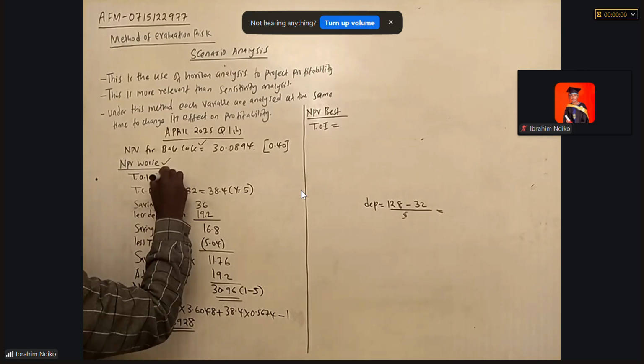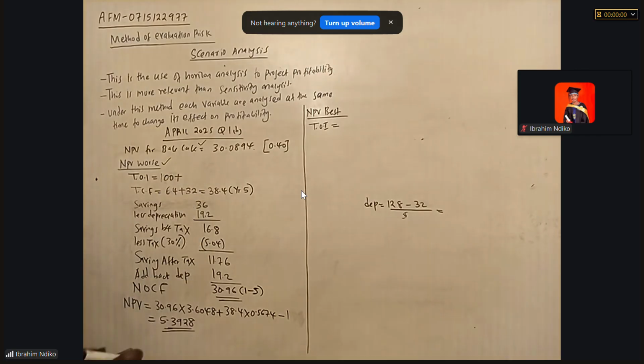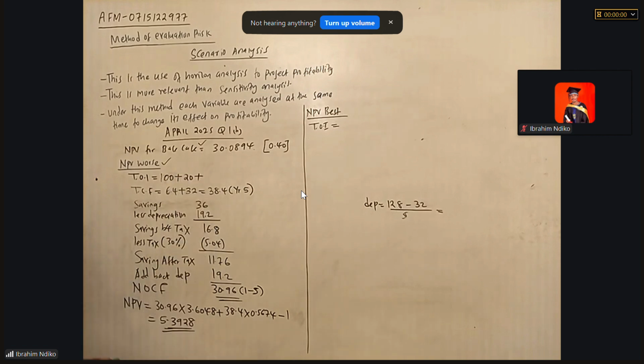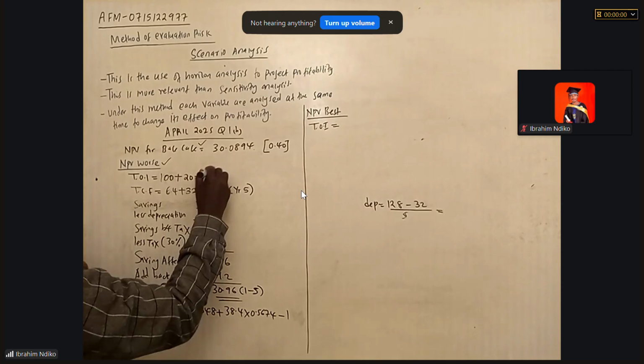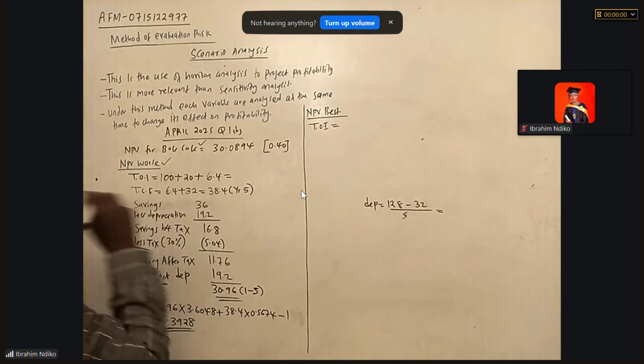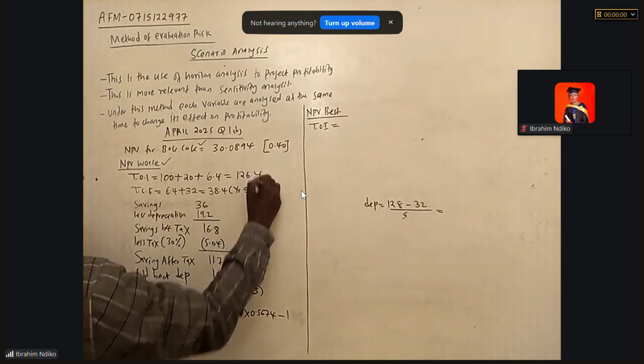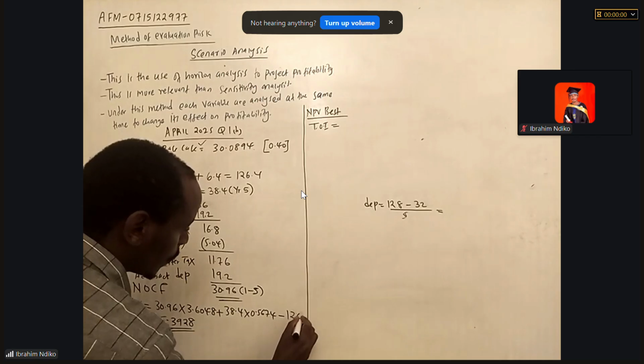Plus what was the modification cost? 20. What about working capital? Working capital, the net, 6.4. So 126.4.